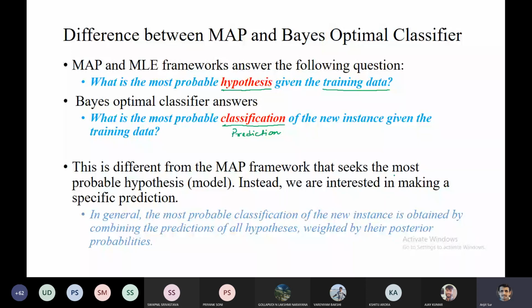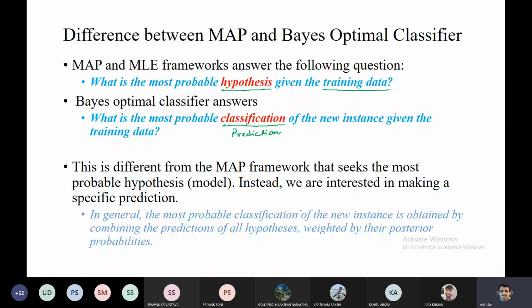Now we are interested in making a specific prediction. So in general, the most probable classification of the new instance is obtained by combining the predictions of all hypotheses, weighted by their posterior probabilities. This is very important because it gives the definition of the optimal classification.